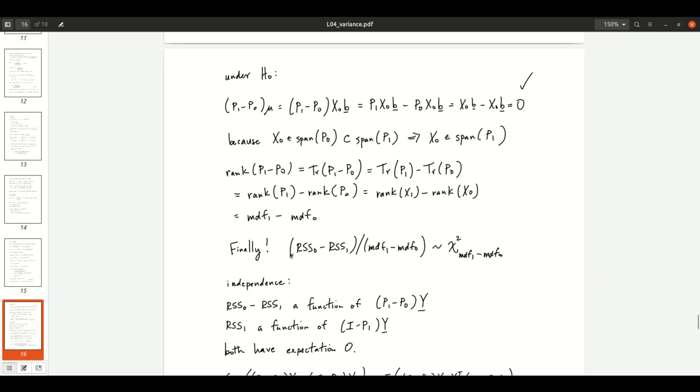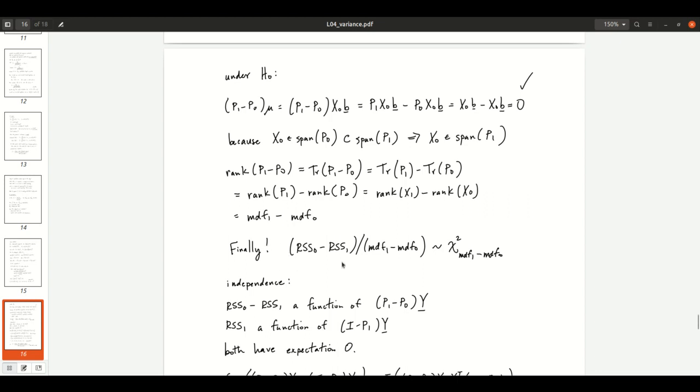So in the numerator, we get RSS 0 minus RSS 1 divided by this difference in degrees of freedom. So we showed that RSS 0 minus RSS 1 can be calculated as y transpose (P1 minus P0) y.